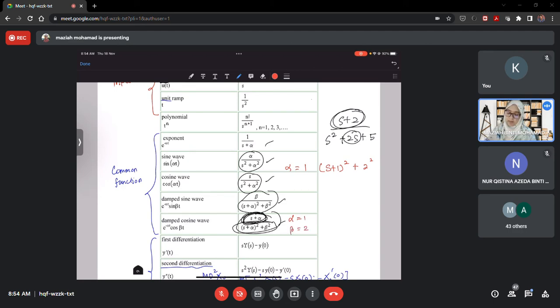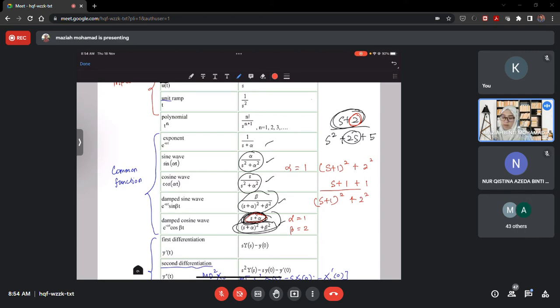So here is s plus alpha, so we write the equation. S plus 1 over, but here we have s plus 2, so we need to have another 1. S plus 1 over s plus 1 square plus 2 square.